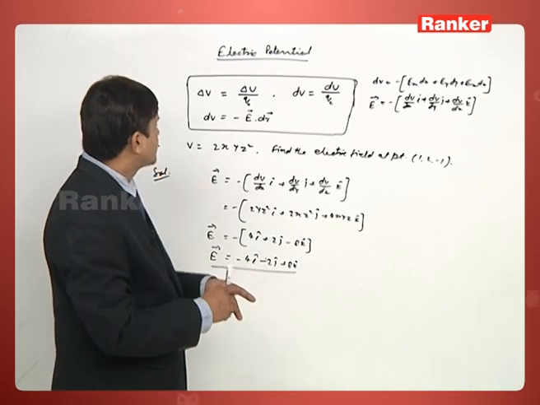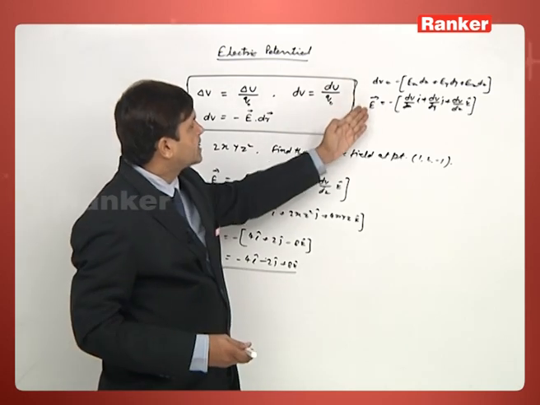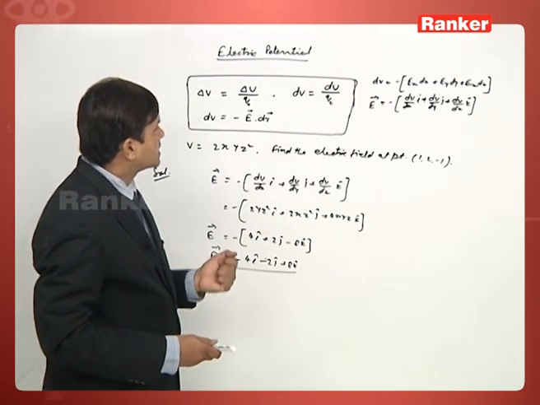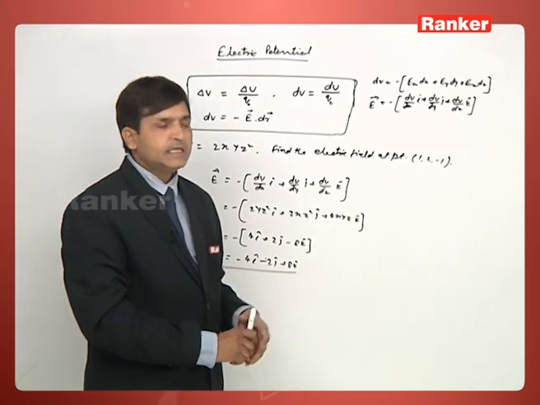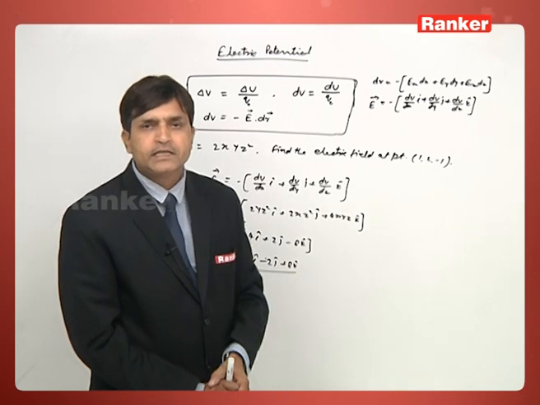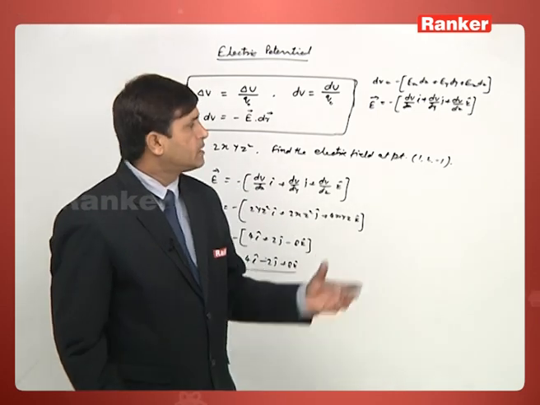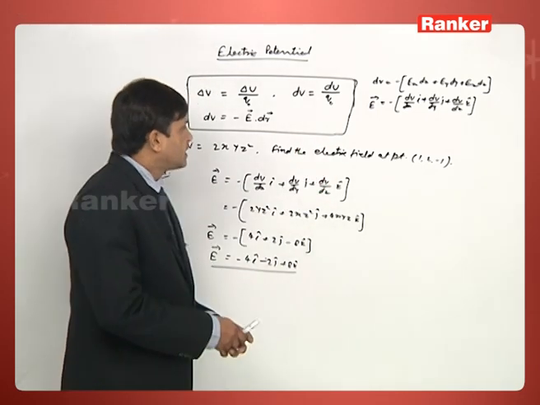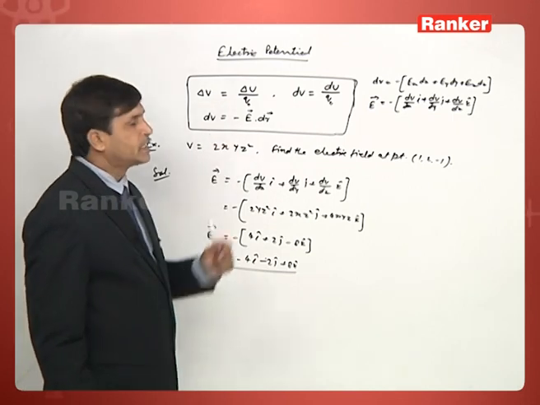So in this manner, we can use this relation to determine the potential as well as electric field if electric field and potential are given as a function of x, y, z, or if these functions vary with the space. Now see the other point related to this.